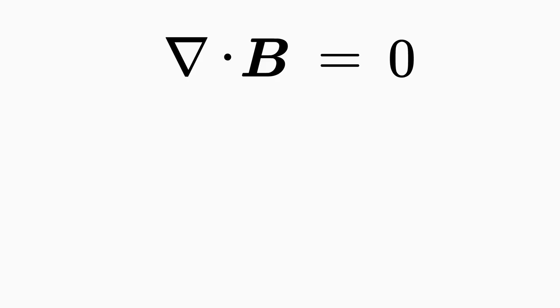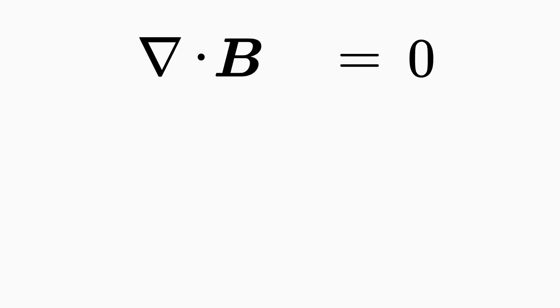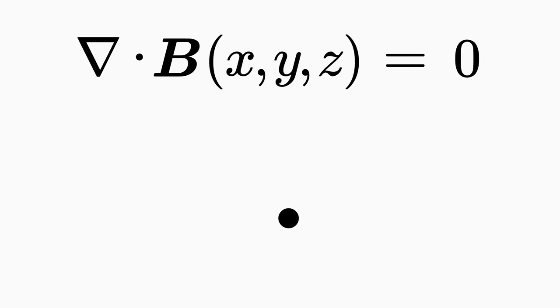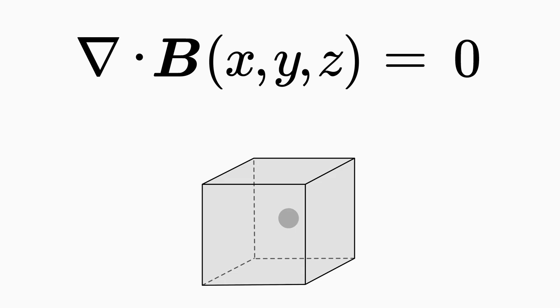If the divergence is 0, this means that at each point in space xyz, there is either no magnetic charge, also called a magnetic monopole, or there is just as much positive magnetic charge as negative, so the total charge at that point cancels out, such as an ideal magnetic dipole, which always has both a north and a south pole.